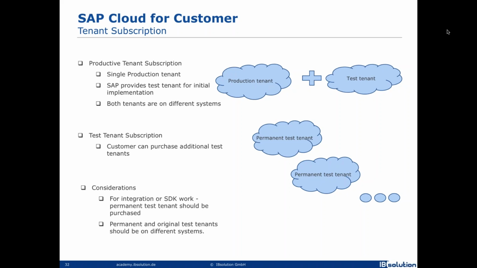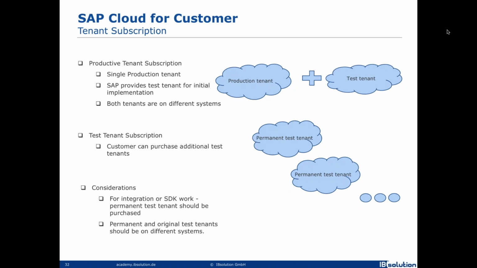Each tenant has its own URL. You will connect to the tenant using the URL from a web page. So you get 2 tenants, the test tenant and the production tenant. When you start your implementation, you'll have to start the configuration from the test tenant. You'll start with the scoping, you'll start configuring the solution, you'll start testing the solution, you'll start with the master data migration.